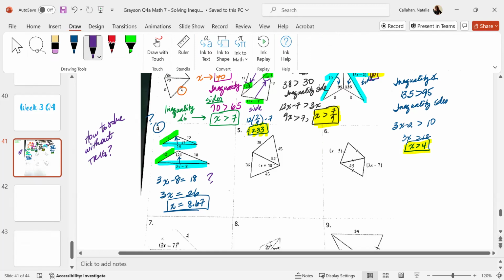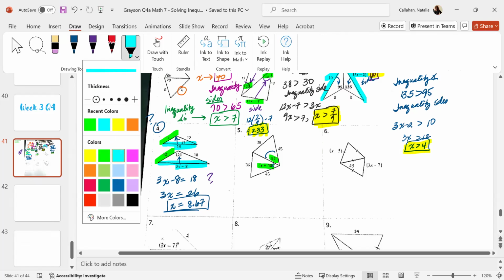All right, anyways, I'm gonna go to number 5. Do you see this one? It gives you an angle, right? That's different than the ones before. I don't know which angle is bigger, because one has an X, correct? What's the opposite side of those angles?